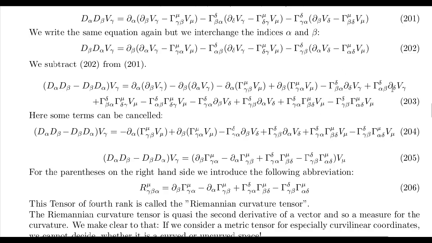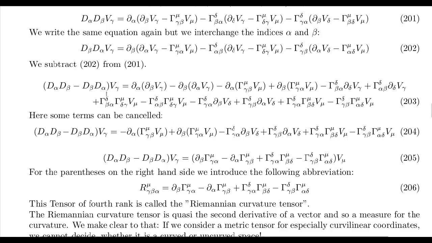Then for the next 2 terms, we have a symmetry in the lower indices of the Christoffel symbol, so beta alpha is the same as alpha beta, and all the other indices are the same. So these 2 terms cancel out again. You have plus here and minus here.